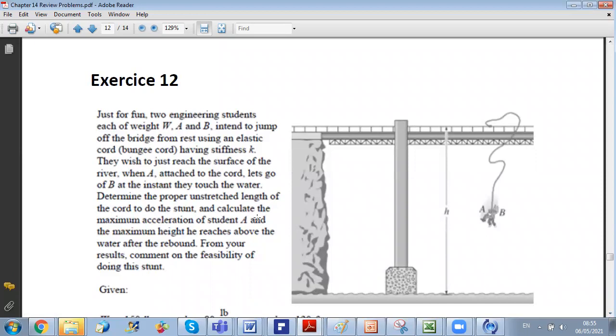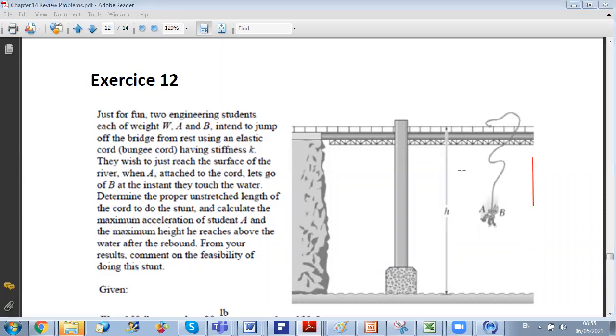Okay, so how you get the maximum acceleration of student A? To get the acceleration of A is بنعمل the free body diagram. A is subjected to which forces? إذا باخد A لحاله, okay, A is subjected to weight and to the tension force.